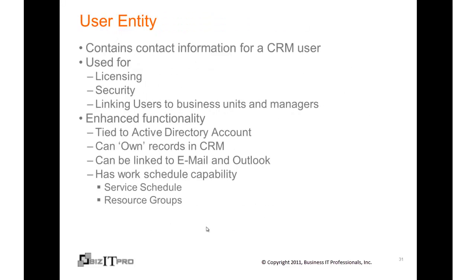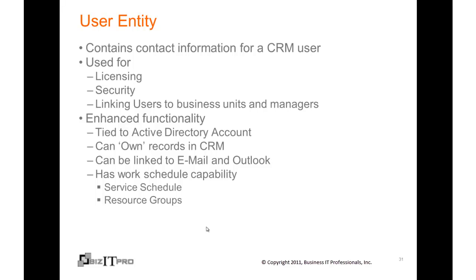The user entity contains all the contact information for a CRM user. It's used for licensing, processing security, and tying users to the business units and managers that they work for. As far as enhanced functionality, CRM users are tied to the accounts in Active Directory, and they can own records in CRM.